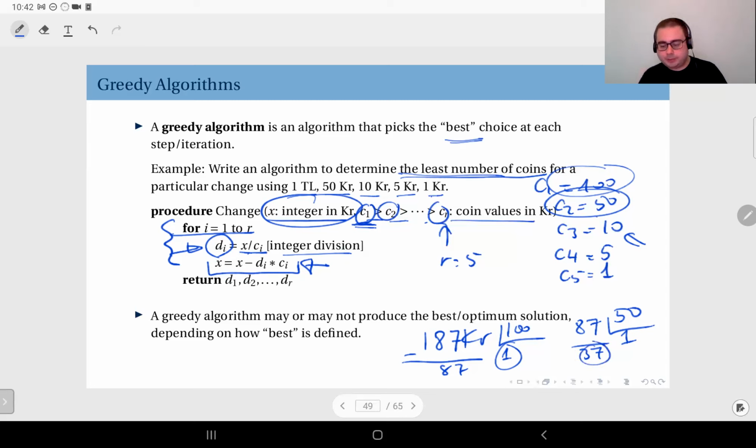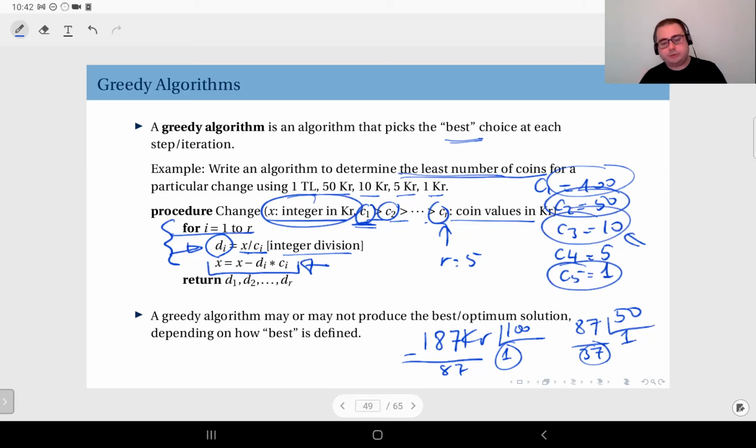And then you divide it by 10, which will give you 3, and x will be updated to 7. And then you will divide it by 5, which will give you 1, which is the number of C4 coins you are going to use, and then x will be updated to 2, and in the next step you divide it by 1 and you get 2. That's the number of coins you need from 1 kurush.